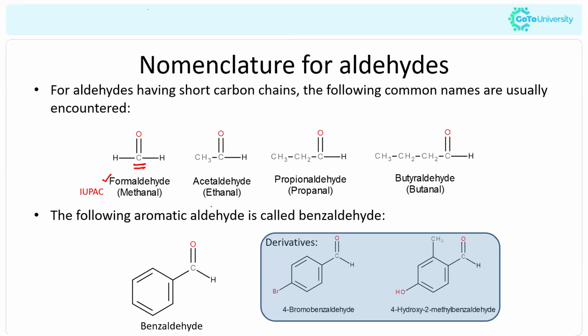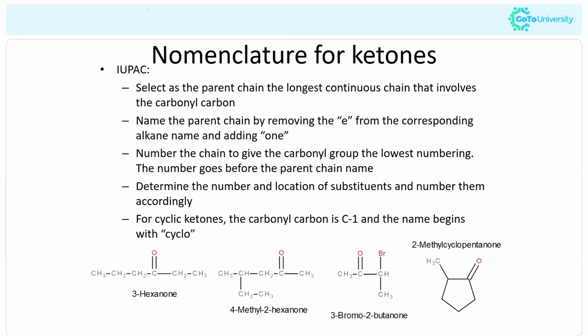Similarly, the two carbon containing compound is ethanal. Acetaldehyde is the common name. Then we have propanal, butanal. These are the compounds. Now coming to the nomenclature of ketones, we are removing e and adding the suffix one.